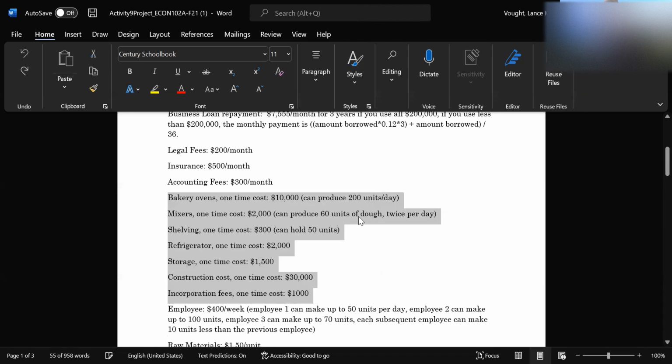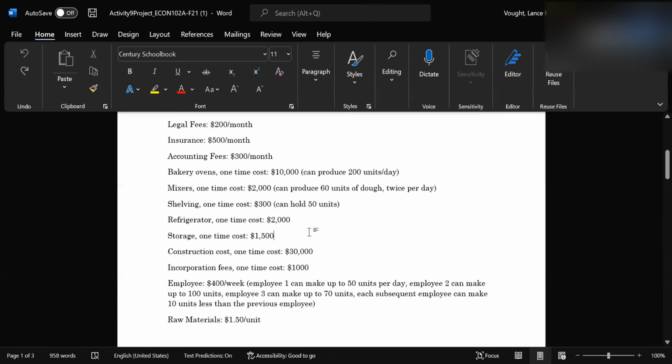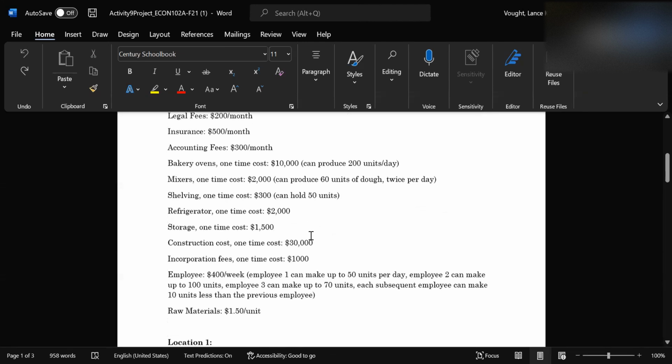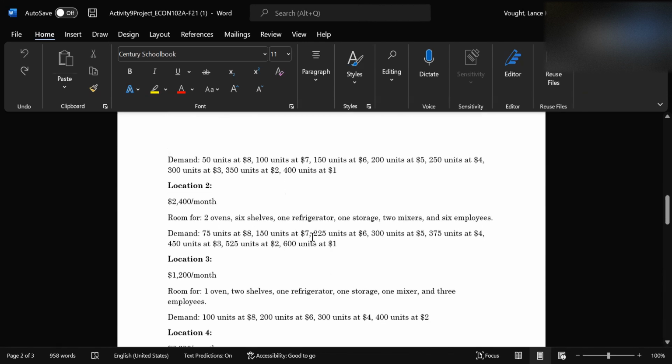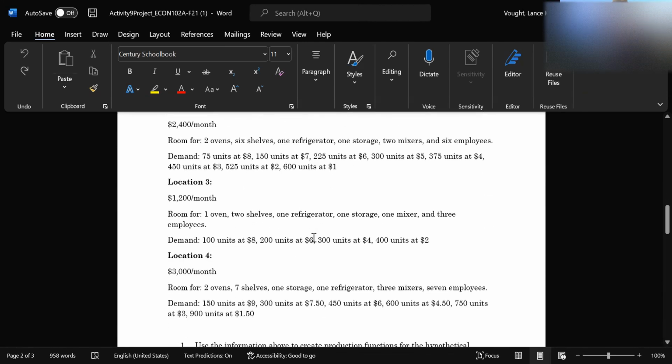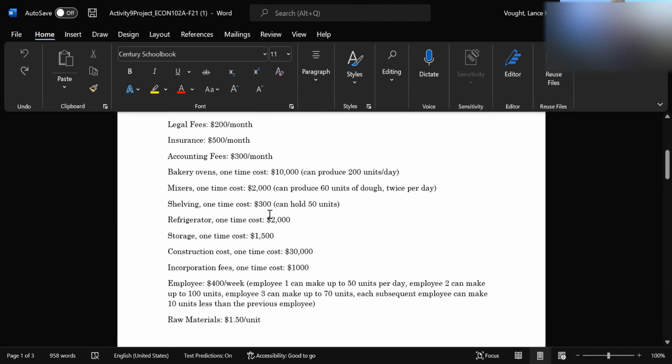Not to add more work on, but you notice that the storage doesn't have a number of how much you can hold. I was wondering if there was a number, or if that doesn't matter. I think every location just says one storage. I think it was just for dry ingredients and stuff.